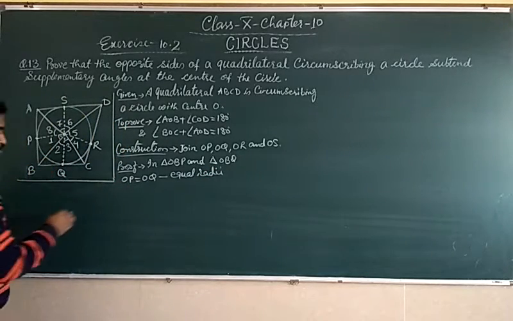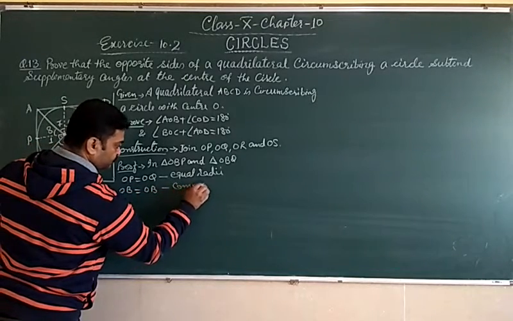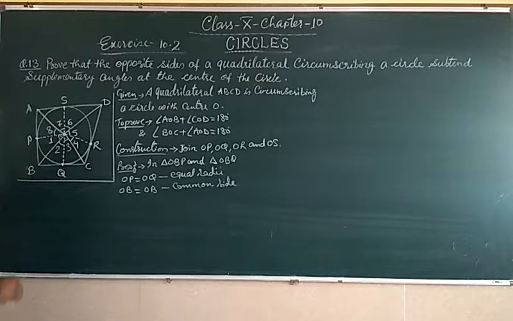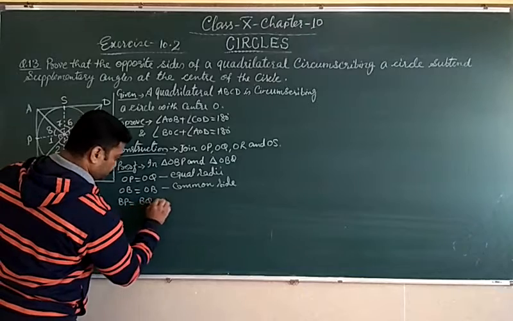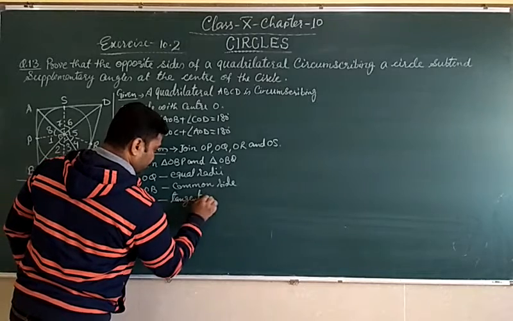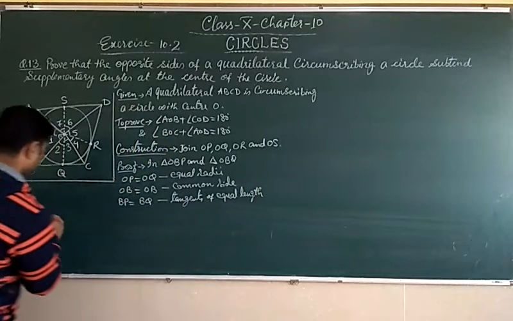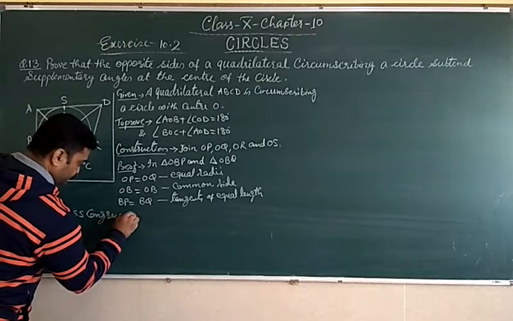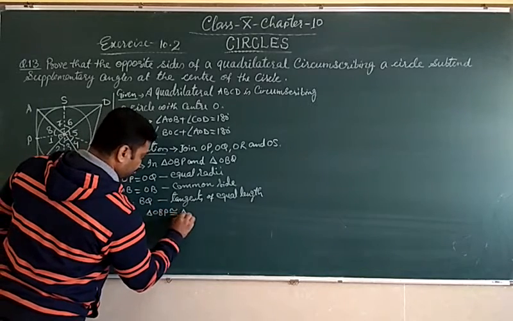OB is equal to OB, common side. And third thing, BP is equal to BQ, tangents of equal length. Therefore, by SSS congruency, triangle OBP is congruent to triangle OBQ.